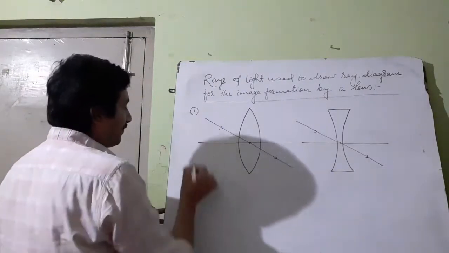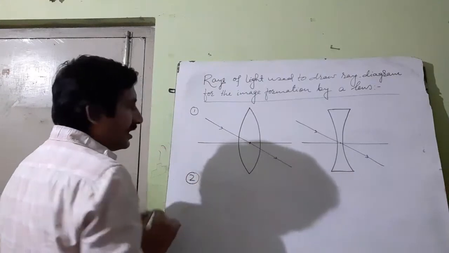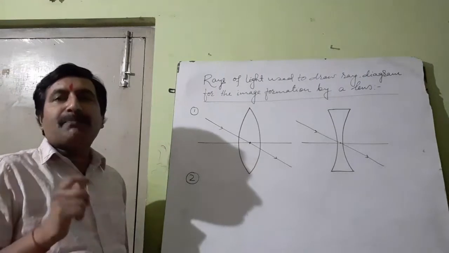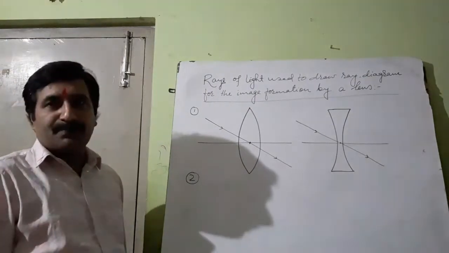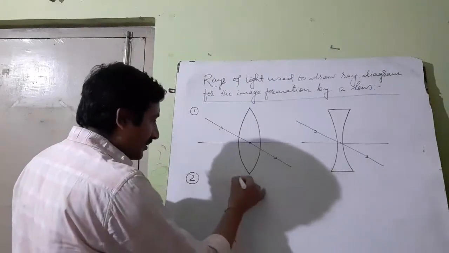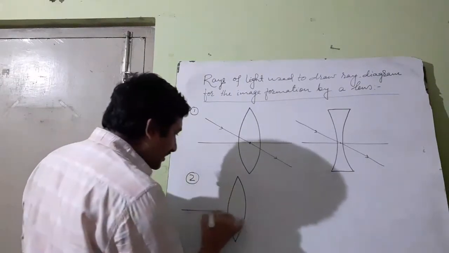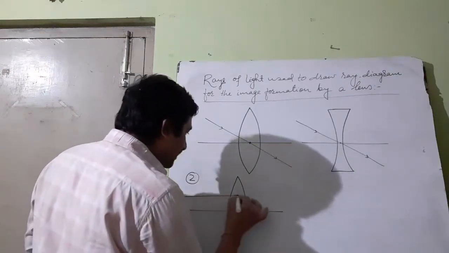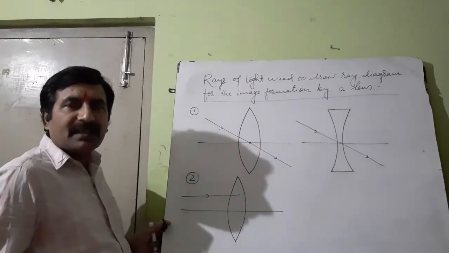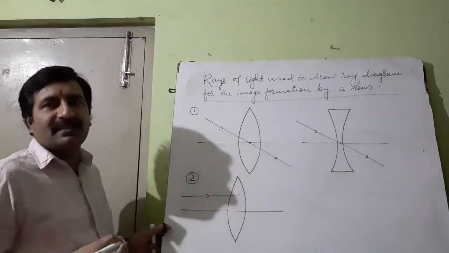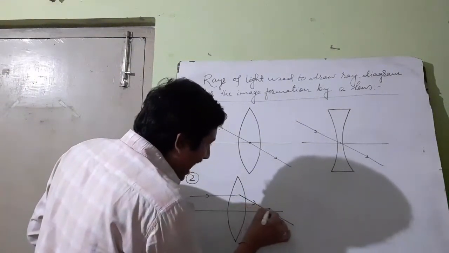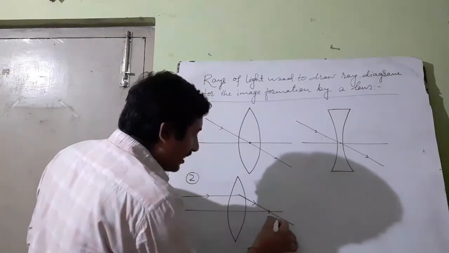Second point, as you learned, whenever you were learning the definition, you developed the concept related to focus. That if a ray of light is incident parallel to principal axis and very close to the principal axis, such types of rays are also called paraxial rays, it passes through focus after refraction.